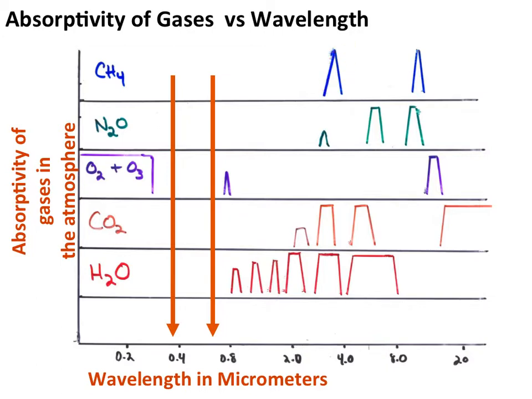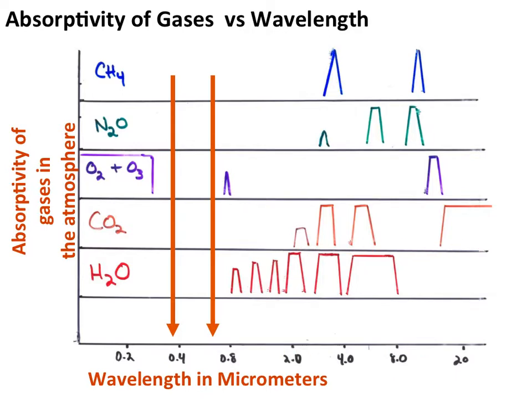For example, notice that methane absorbs long infrared wavelengths. Nitrous oxide absorbs long infrared wavelengths. Oxygen gas and ozone absorb very short wavelengths. Carbon dioxide and water both absorb long infrared wavelengths.